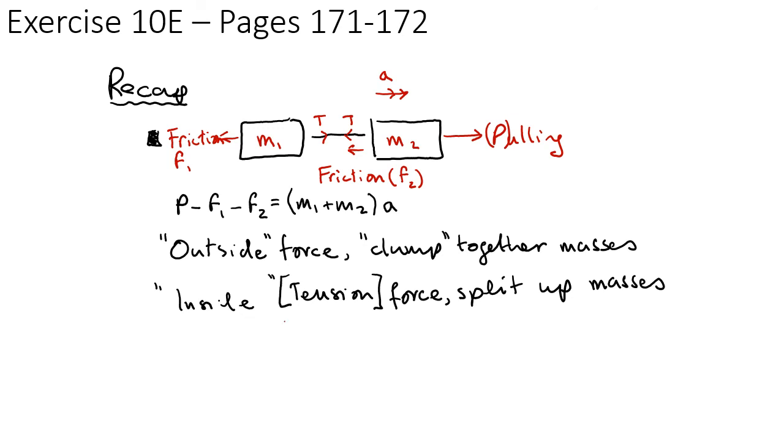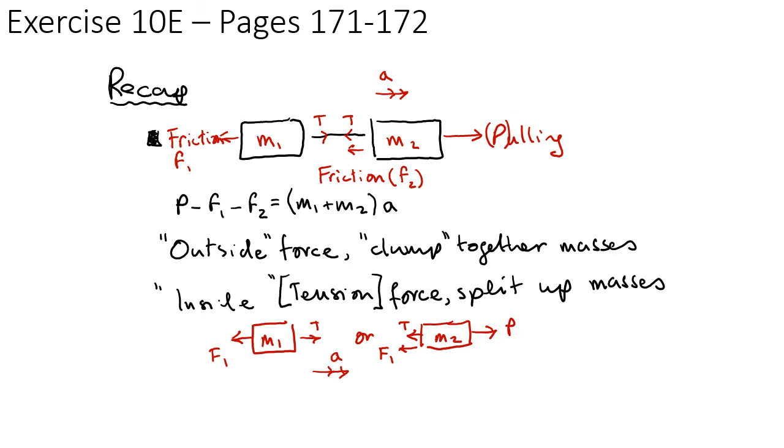So we would consider the two separate things. We would either look at mass 1 and the tension and friction, or we'd look at mass 2 and we'd have the tension going this way and the pulling force going that way, and also the friction, but this will all be accelerating in this direction anyway, so we can still use F equals ma.